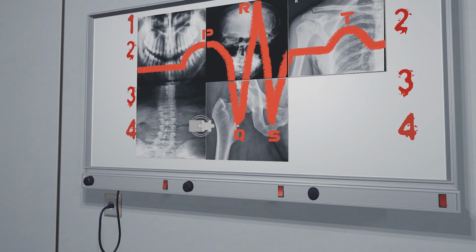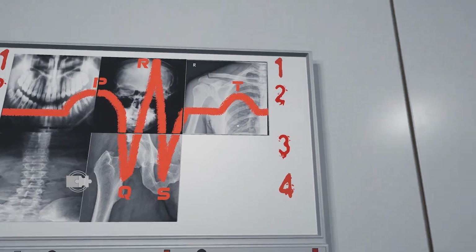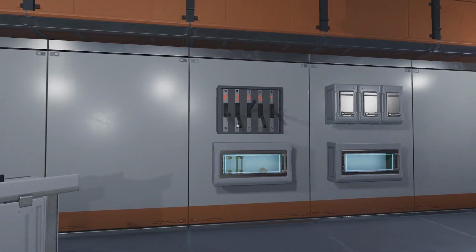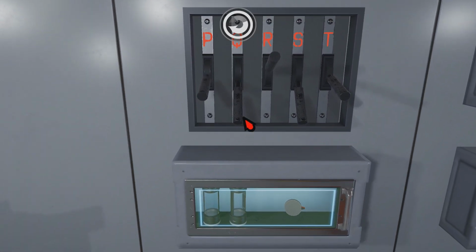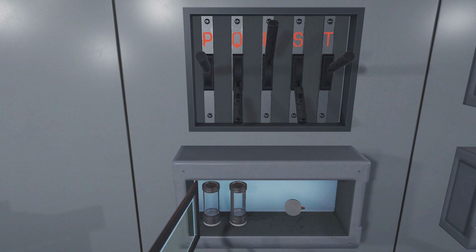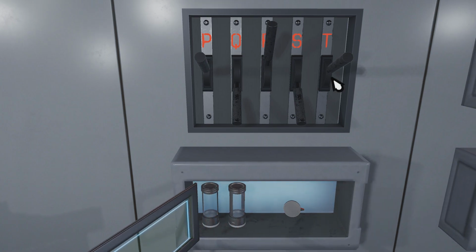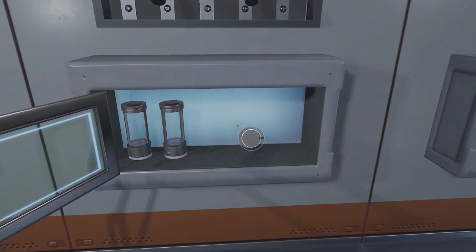P is middle, Q is down, R is up, S is down, T is middle. Unless, like, that's not middle, but. Oh, it's not middle. Can they go down further? Oh, I see. So these two have to be, like, one up then. That's weird. I don't know why you would put 4 positions on those levers, but whatever.